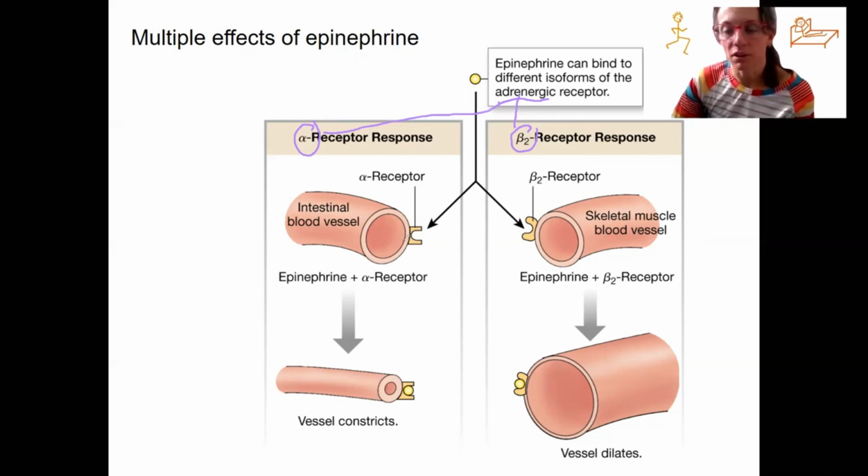Similar idea for norepinephrine would exist. Epinephrine is going to bind to this alpha receptor, and the effects on alpha receptors, that calcium second messenger, are going to cause constriction of blood vessels in the GI tract.